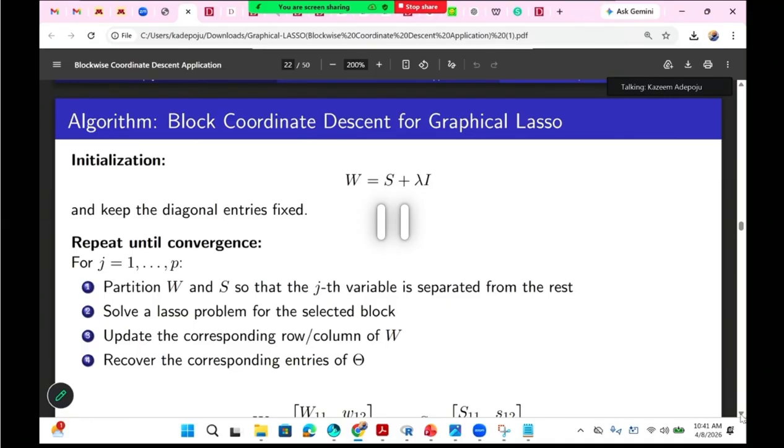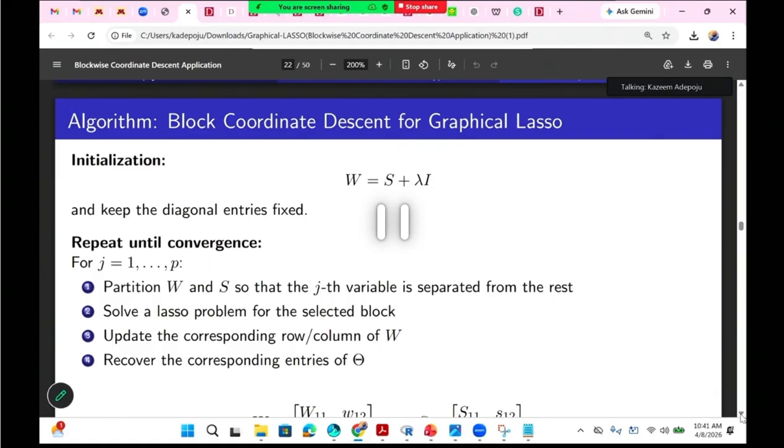The working covariance is the one that we use in the algorithm. But how do we get a working covariance? The working covariance equals the sample covariance plus lambda I-hat. And you know why I'm actually adding to the diagonal? Because for the variances, we want it to be positive definite. I think you remember positive definiteness, right?